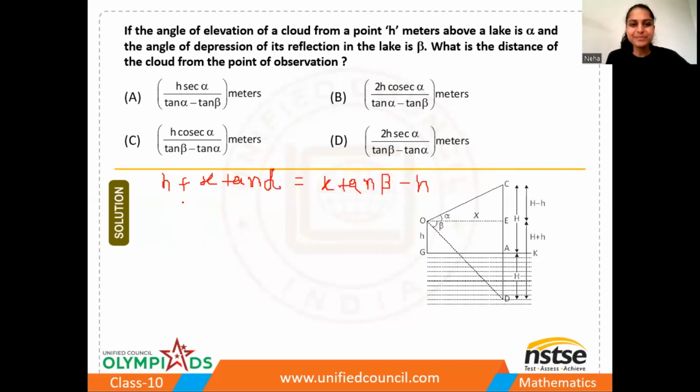If I transfer the h here and the x tan alpha there, then it becomes h plus h, that is 2h, equal to x tan beta minus x tan alpha, right?